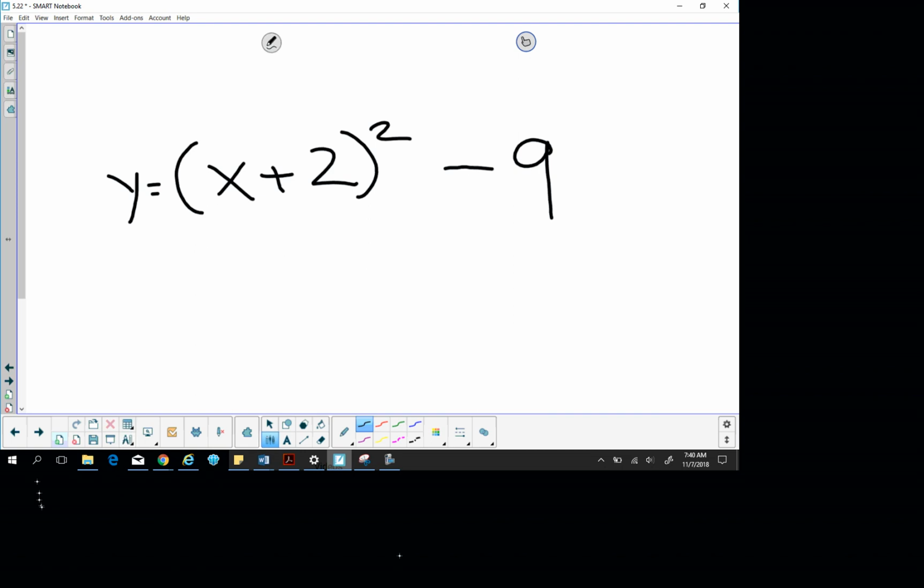So first thing says, what is given? Who can raise their hand and tell me, first of all, what form is that in? Vertex form, right? Because you can see it looks like that vertex form that they give us. So first, where it says form, you're going to write vertex form at the top right here.